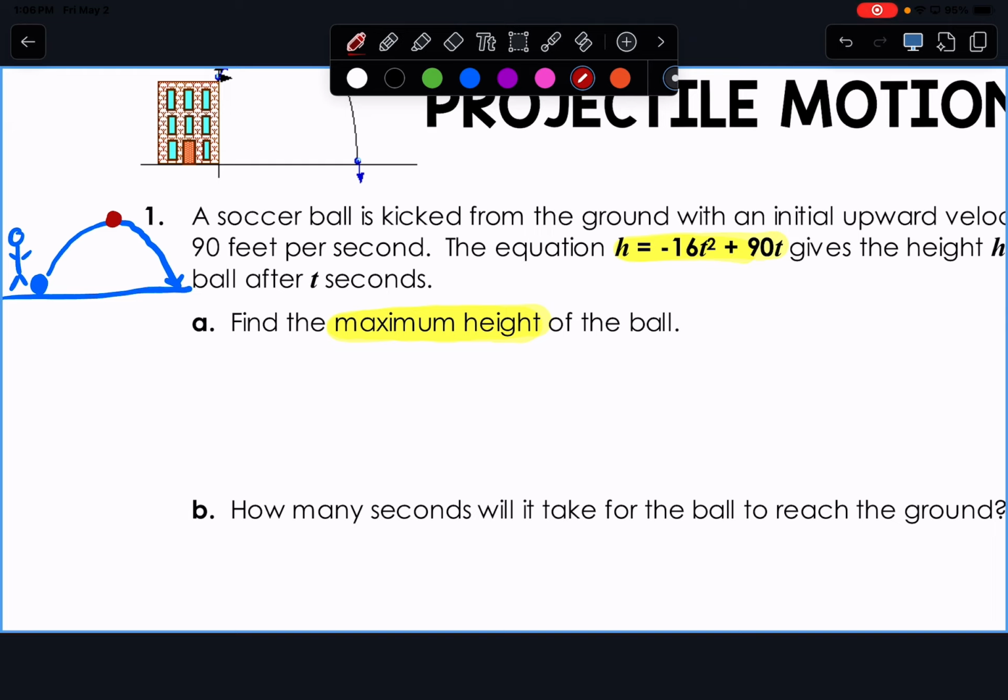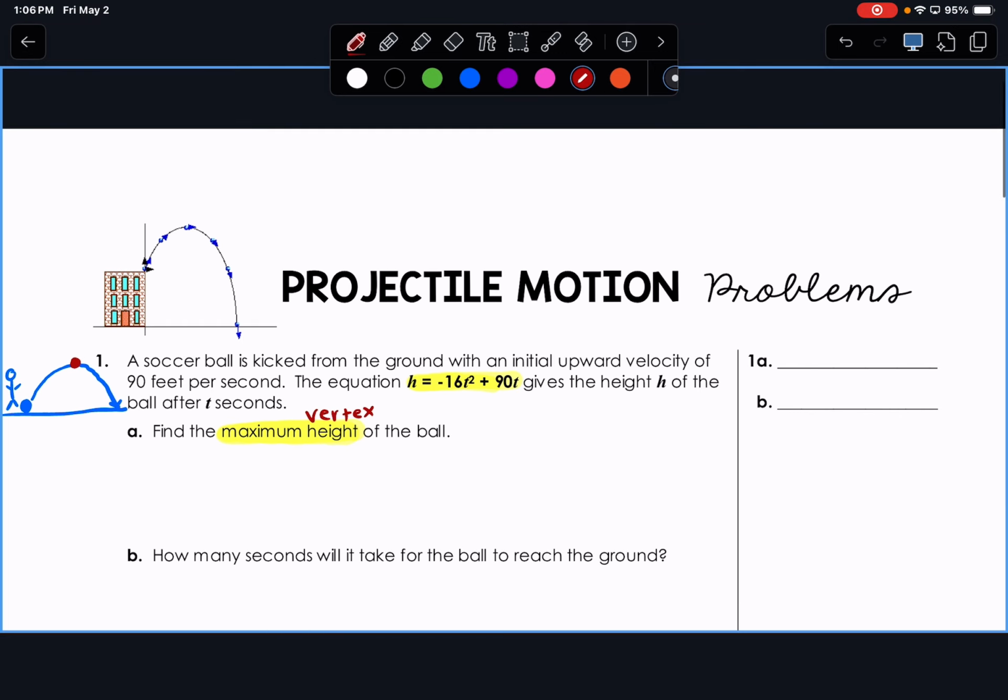When it asks us for the maximum point, it is talking about the vertex of the graph. At the top of our paper, we're going to make a little note of this. When it is asking about the maximum height, it is asking for the vertex.